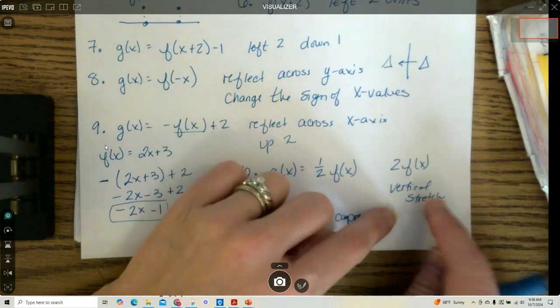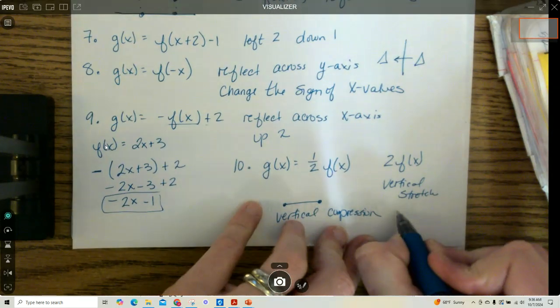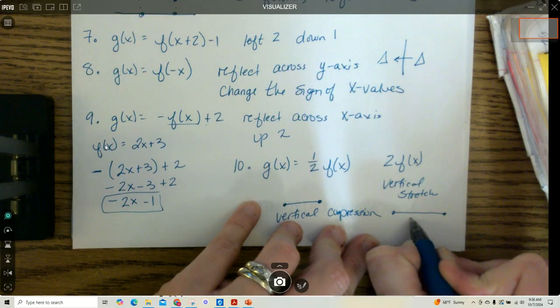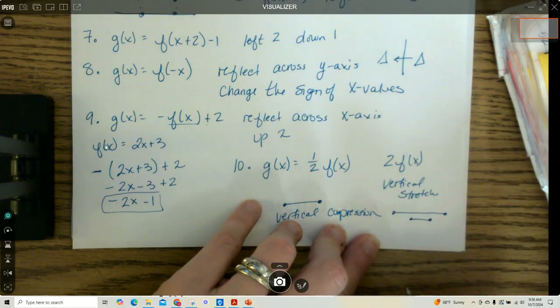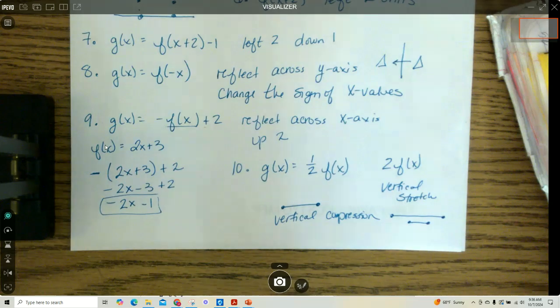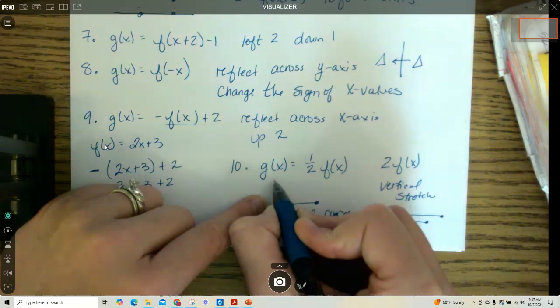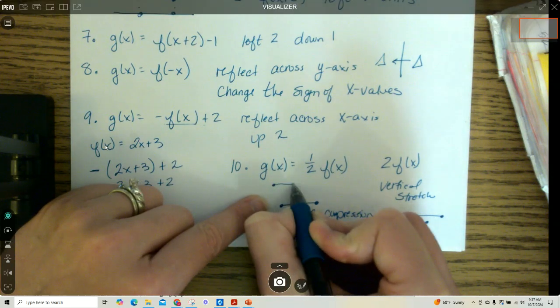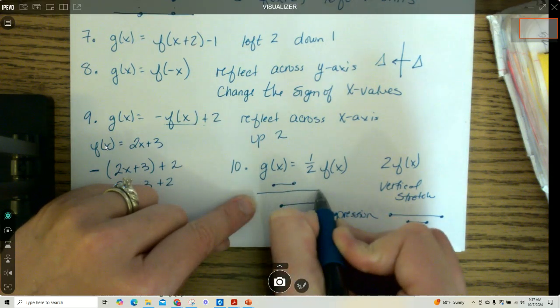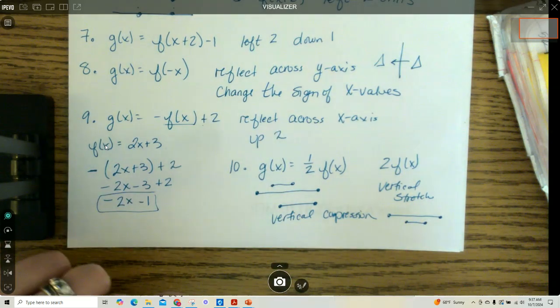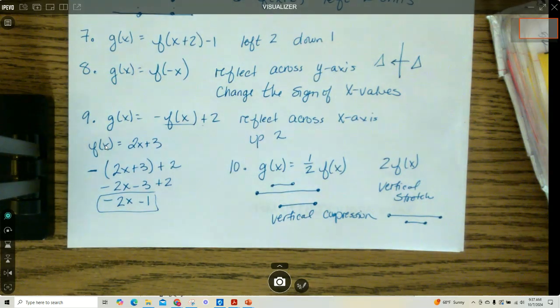Yes. Okay, I think with this one, if this is your original line, your new line would be squattier. If the number out in front is a half, I want to say the new line would be longer. They don't have a squish.